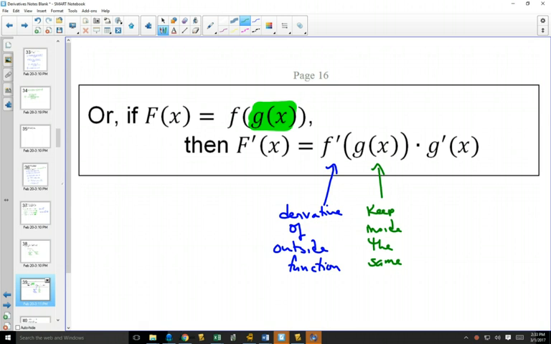That might be your power rule, which means you just bring the number out in front and subtract 1 from the exponent. And whatever was inside your function, it stays the same. So that's what I have here with the green. Keep that inside the same. And then after, you multiply by the derivative of the inside function.